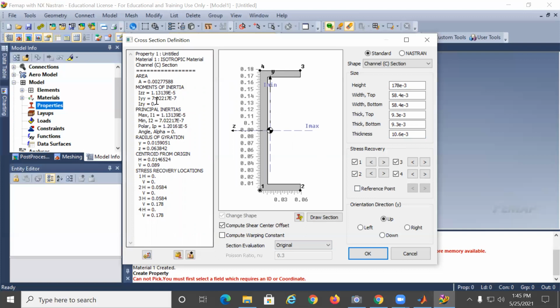Now, what was the value we found last time for IZZ? I think I'll just show you. We had 11.314 times 10 to the 6, but this would be 10 to the minus 6.